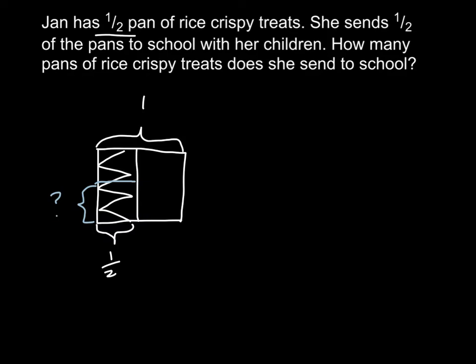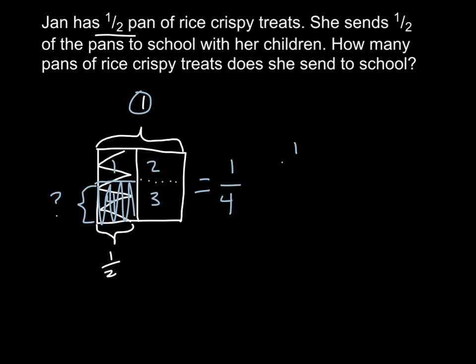If you look at my rectangular fraction model right now, you will see that I have 3 parts, but they are not all the same size. So I'm not working with a fraction. What I have to do is extend this half line across, and now I can see that my whole is divided into 1, 2, 3, 4 equal parts, and I'm going to color in that 1/2 of 1/2, and that is 1 out of 4 parts that she sent to school.